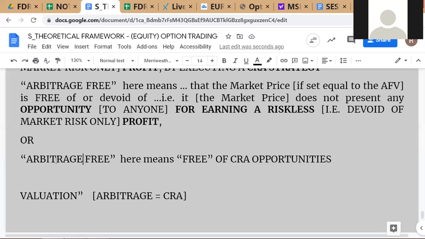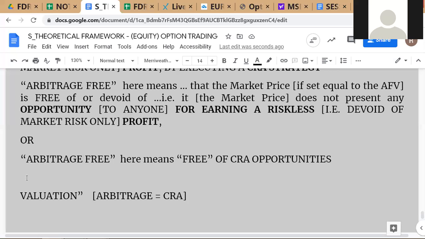So every time you hear the word arbitrage, arbitrage-free valuation, all these ideas should be playing through your brain so that if you keep repeating these ideas, the connected ideas every time, then eventually you will be clear about these distinctions. What is arbitrage? What is really CRA? What is not CRA? And what does AFV mean, etc. So go through all these examples in your head when you read these things.